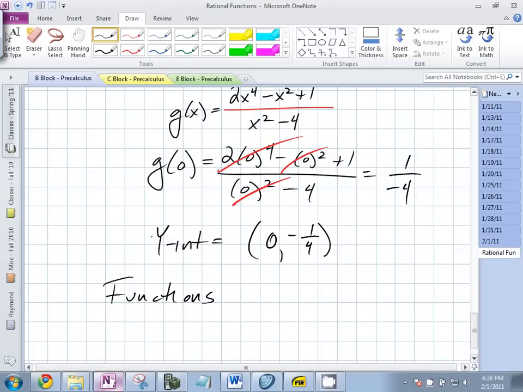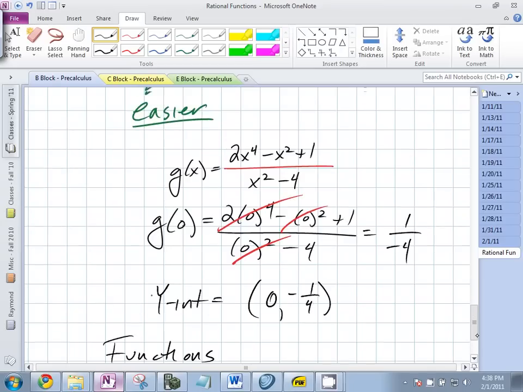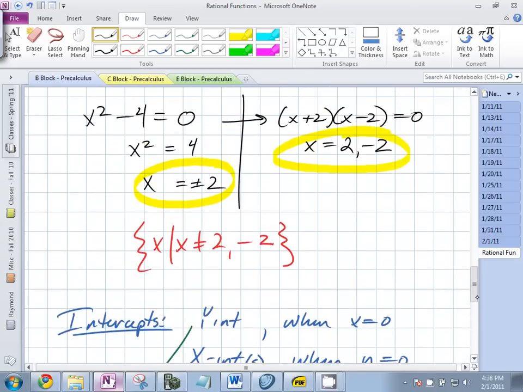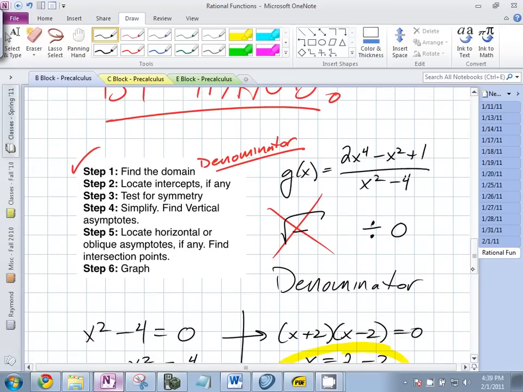Y-intercept, pretty straightforward. The x-intercept, or intercepts in this case, can be a little bit trickier, and this is where we're going to spend a lot of our time in the coming days. To find the x-intercept, we're looking for when y is 0.